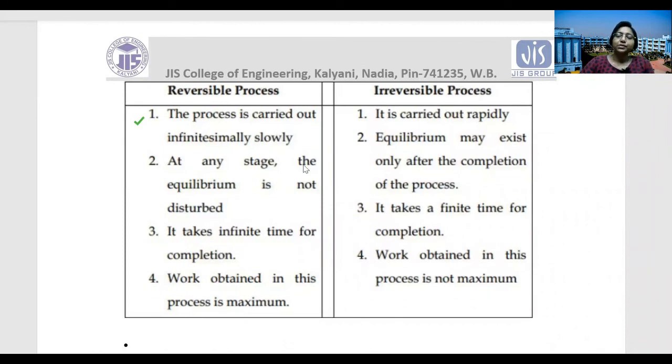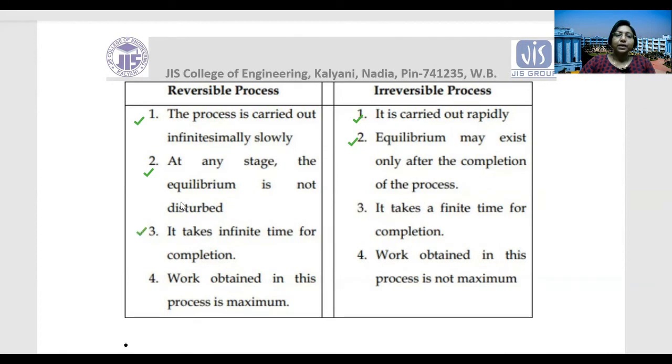That means it occurs in very small steps. At any stage, the equilibrium is not disturbed. For the irreversible process, it is carried out rapidly, and equilibrium may exist only after the completion of the process.